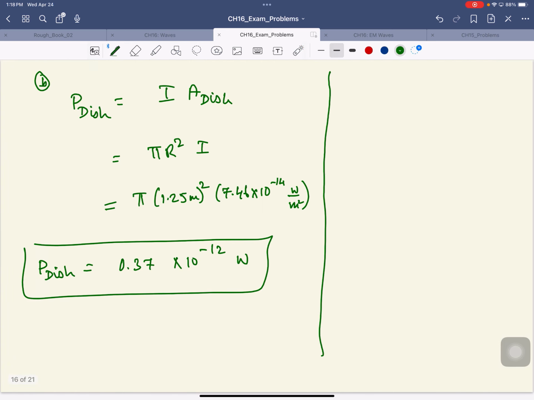So power of the satellite equals intensity at ground level multiplied by the area.